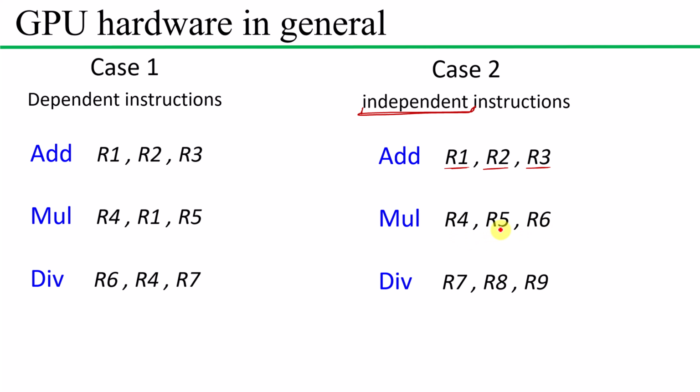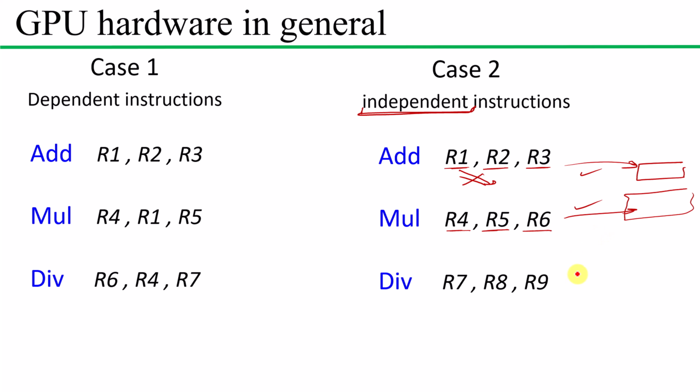Instead, it multiplies values from R5 with R6 and saves the result in R4. With such independence between instructions, if we have multiple cores available, we can assign each instruction to a separate core and execute them simultaneously.